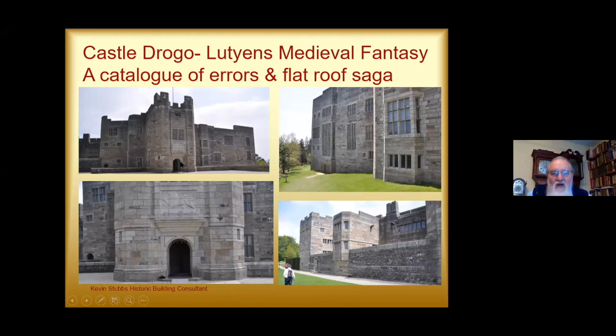He didn't like the idea of lead roofs, slightly inclined lead roofs on his medieval building. He wanted flat roofs that he could party on, and so he instructed the builder to put flat asphalt roofs on. Lutyens had also designed cavity wall construction, but you don't have a castle with cavity walls, and so the builder was instructed to fill it with rubble.